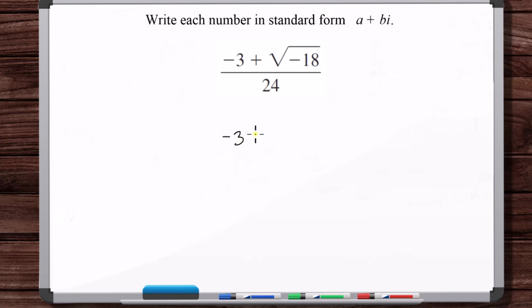Okay, minus 3 plus i root 18 over 24. Okay, 9 times 2 is 18.